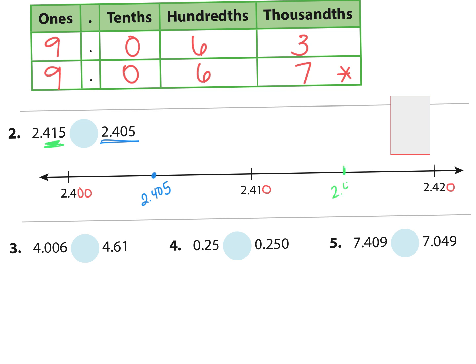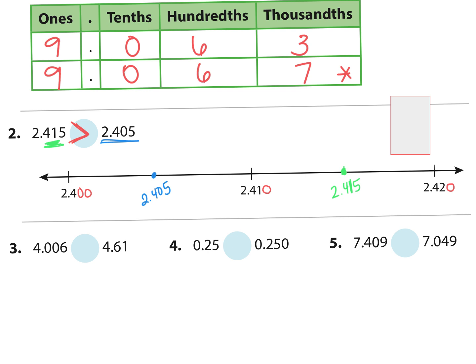So 2 and 415 thousandths is where this one would go. Okay, so now on a number line, can I visually see which one is greater? So how am I going to draw my symbol? 2 and 415 thousandths is less than, greater than, or equal to? Greater than. So the mouth is open up to the bigger number.